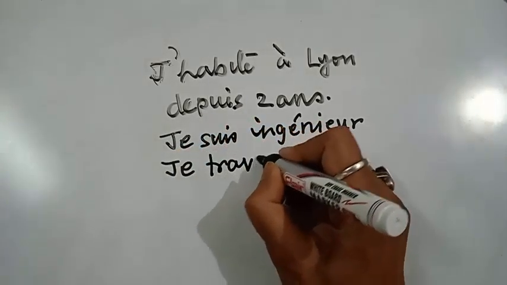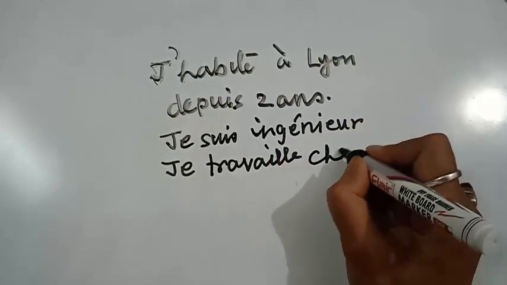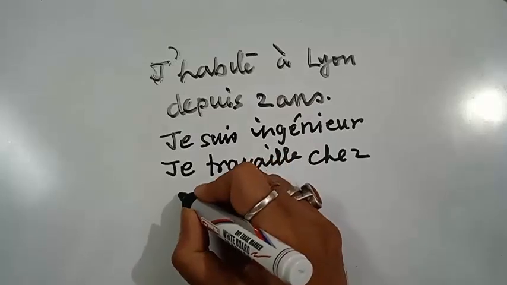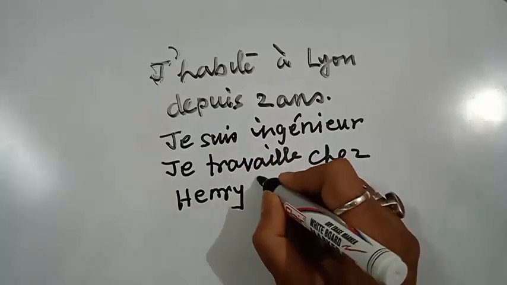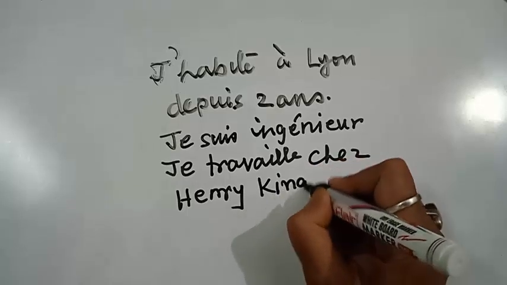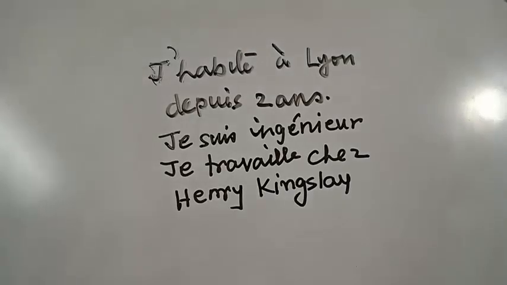Je travaille chez Henry Kingsley. This is the name of a company. I work at Henry Kingsley. It is the name of an enterprise or company or corporate house where he is working as an engineer.